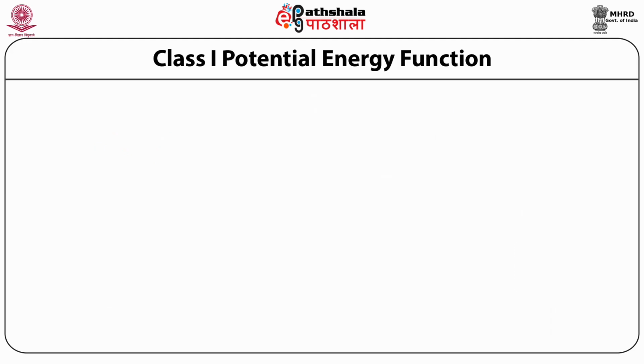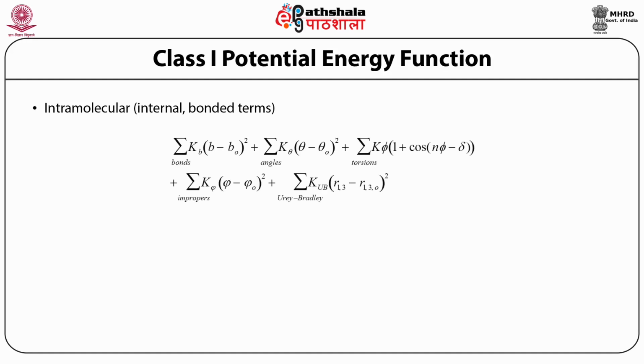Actually, this slide shows the potential energy function in its full form. What I mean is two parts. One is intramolecular, shown on the top, which has bond angle, bond length, torsion angles, improper dihedral angles, as well as Urey-Bradley expressions. And the bottom shows the intermolecular, that is the non-bonded interaction.